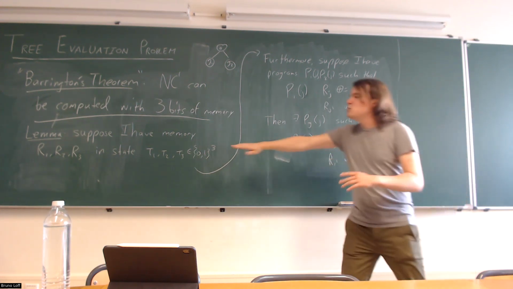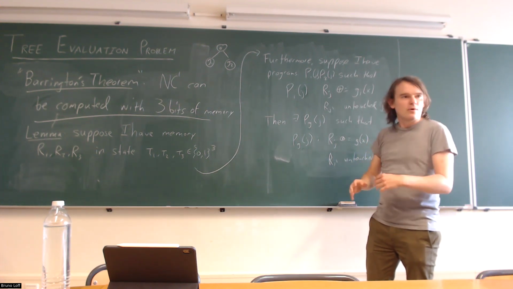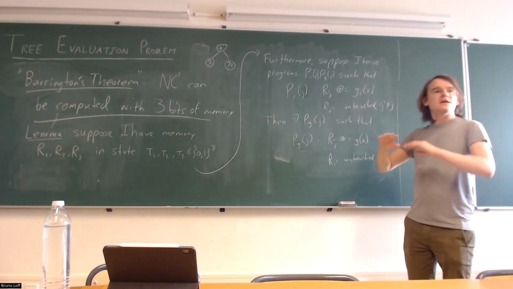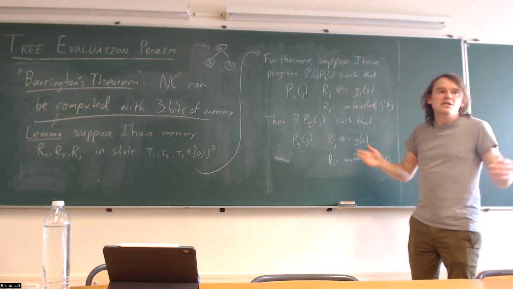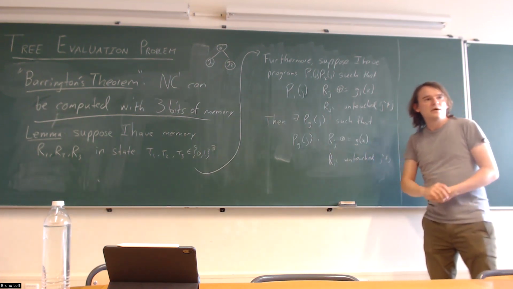That now becomes the new tau 1, tau 2, tau 3 that I feed into this PI program, and it does everything it wants, adds the value of the gate that I actually care about, leaves everything as it was, and now I can just continue as if nothing had ever happened, now that I've popped back up to this level of the recursion.